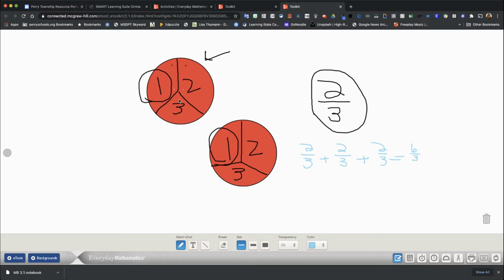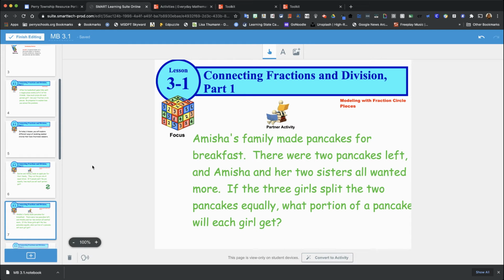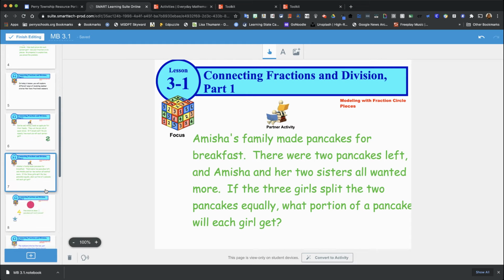Look, 1, 2, 3, 4, 5, 6. 6/3 is the same thing as 6 divided by 3, which equals my 2 pancakes. So 2/3. Each girl is going to get 2/3 of a pancake.